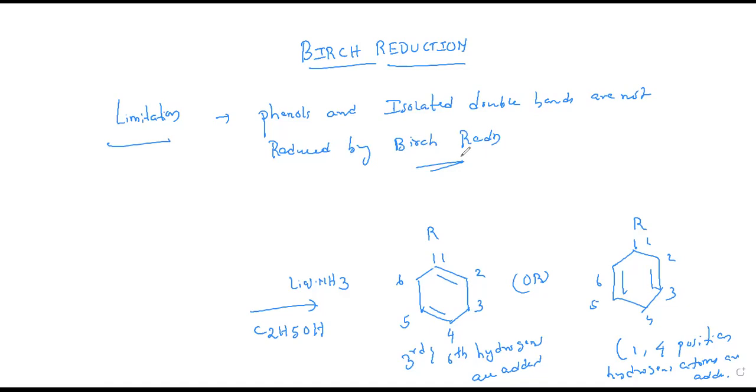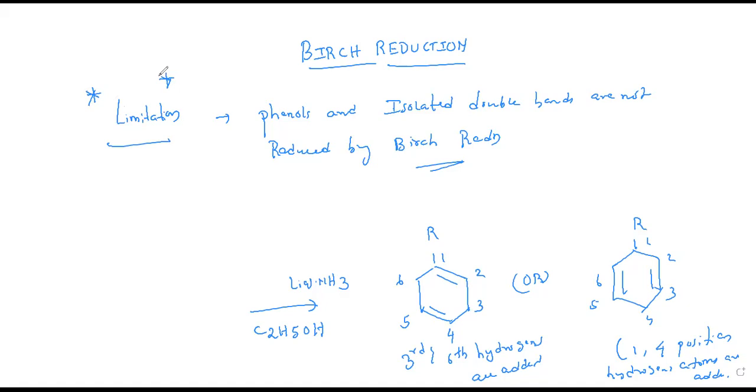Phenols and isolated double bonds are not reduced by Birch reduction. So if you want to reduce those types of compounds, we may go for another type of method. This is a major limitation of Birch reduction. Birch reduction cannot be applied to phenols and isolated double bonds.